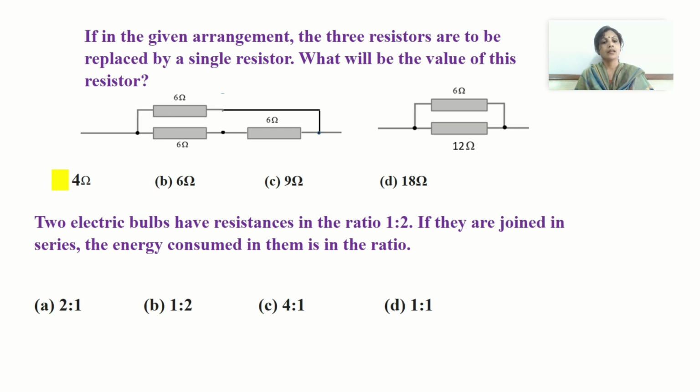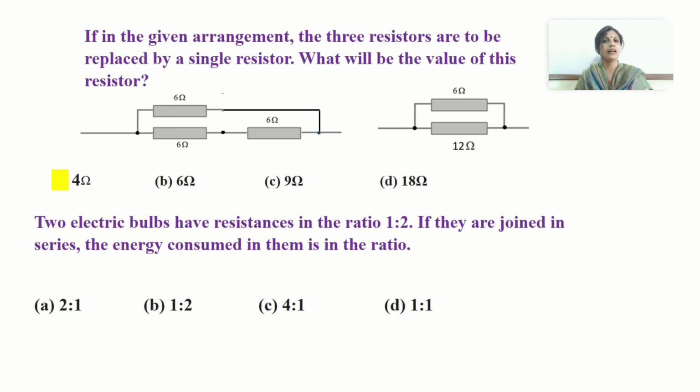Then the next is, 2 electric bulbs have resistances in the ratio 1:2. If they are joined in series, the energy consumed in them is in the ratio. Now energy consumed means you have to find the electrical energy, that is the power. So P1 is equal to V1 I, P2 is equal to V2 I. Again V is equal to IR.